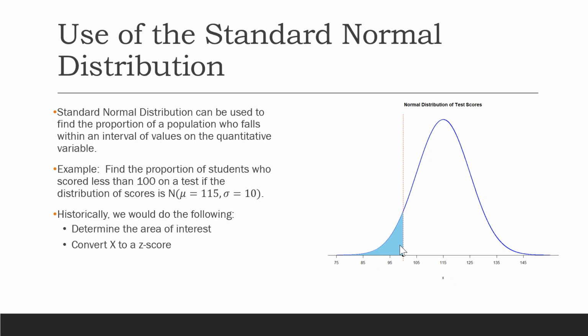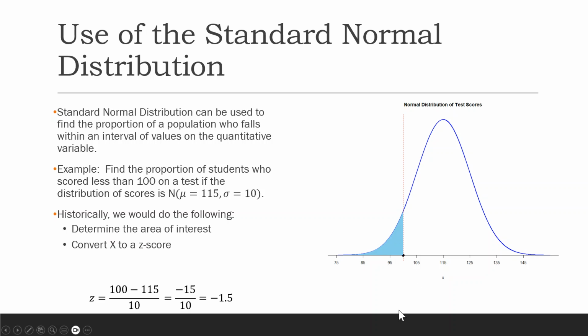The next thing we do is convert that value 100 to a z-score. Remember our formula for a z-score? You take the value x, which is 100, subtract from that the mean, which is 115, and then divide by the standard deviation, which is 10. When I do that calculation, I get a negative 1.5.